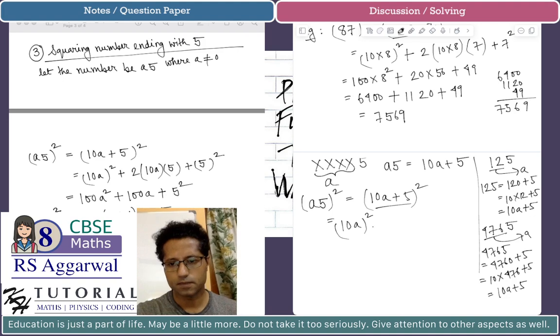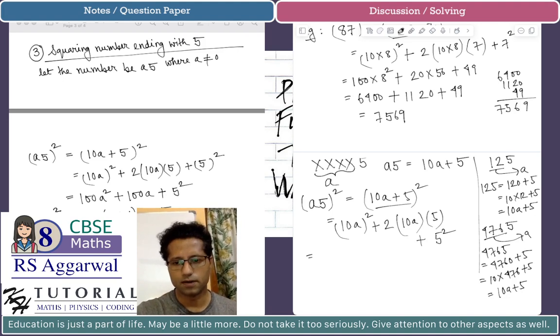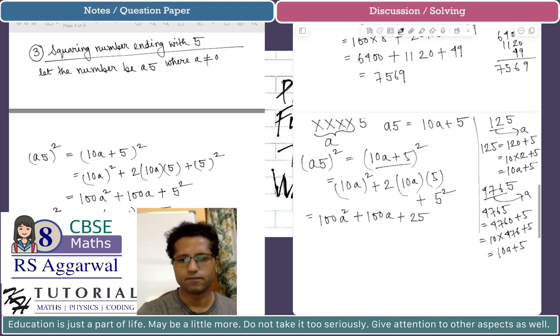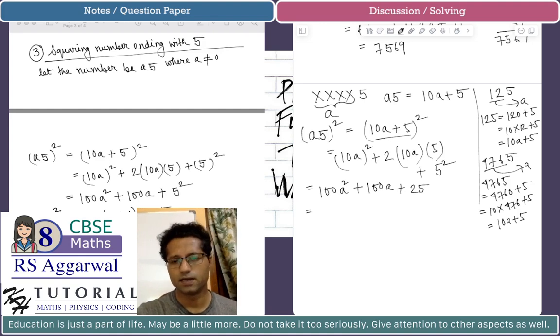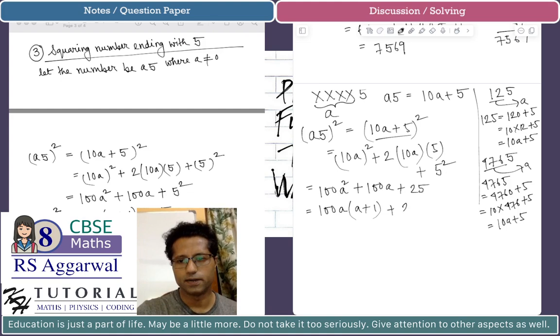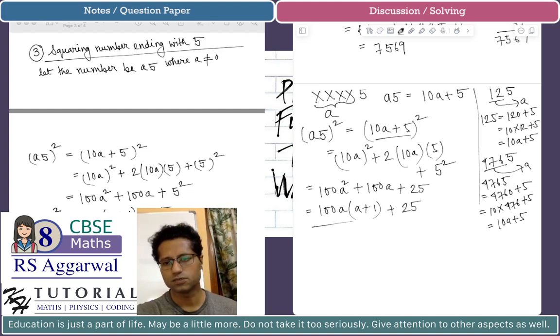So a square plus 2 into a into b plus b square: this is 100a square, plus 2 into 10a into 5, that is 100a, and lastly 5 square is 25. Now from the first two terms, if I take 100a as common, I get 100a into a plus 1, plus 25. So this is the formula.